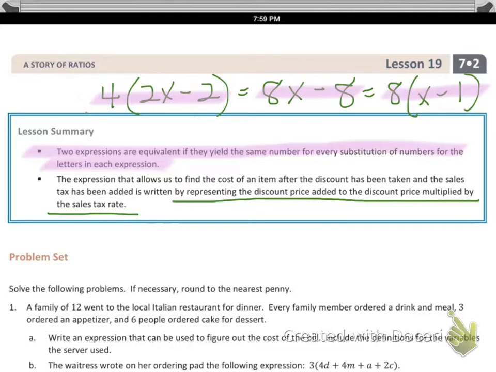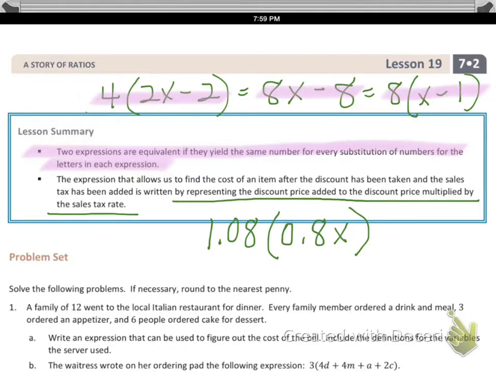And remember, that was 1.08. We multiplied that by, remember, 0.08x. Okay, and what these represented here is that you have the discount price multiplied by the sales tax rate.